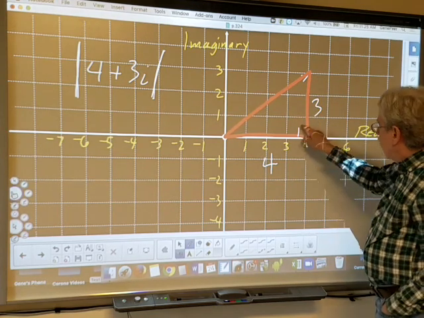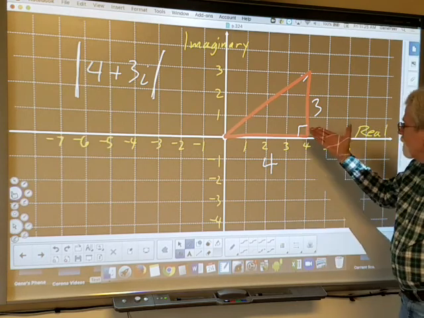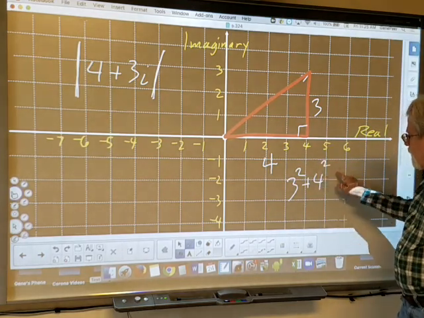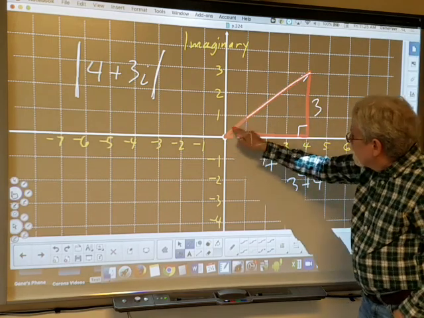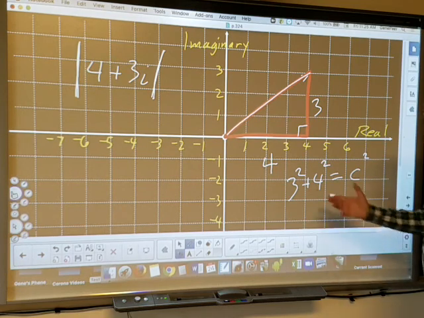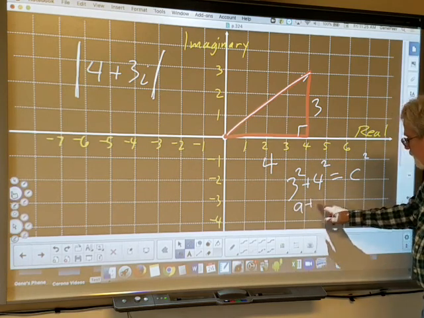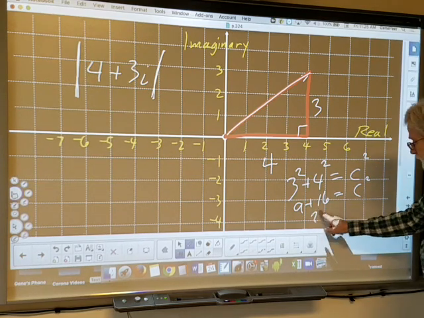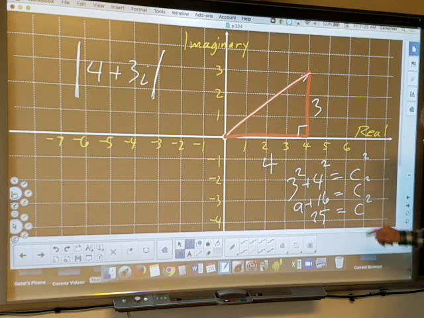Pythagorean theorem says that if you have a right triangle, then 3 squared plus 4 squared must equal c squared. So that's 9 plus 16 equals c squared. That's 25 equals c squared.